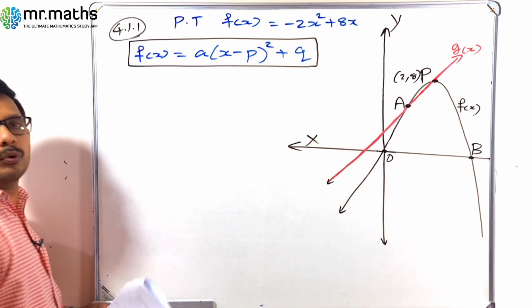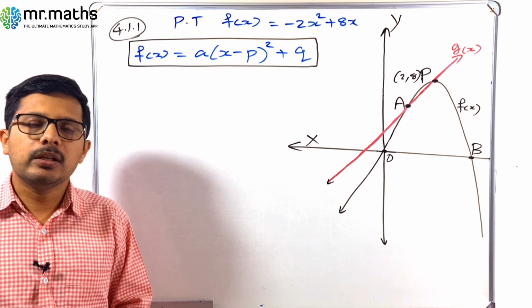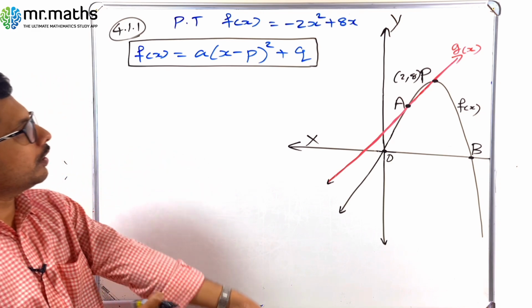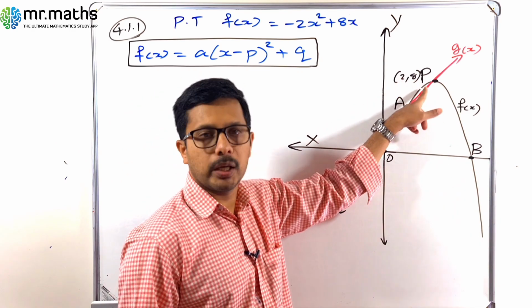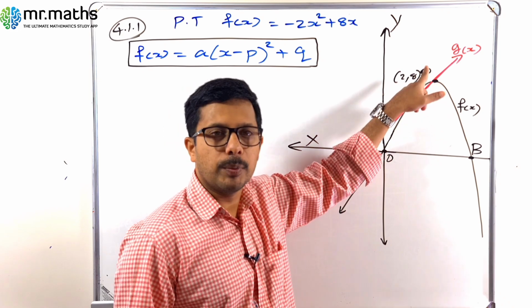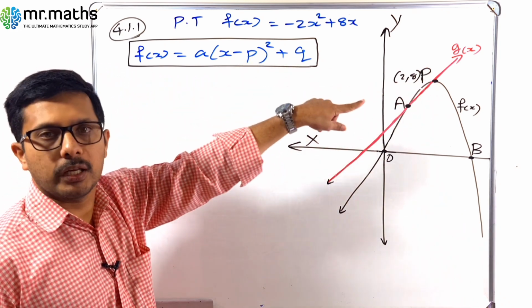In this general formula, what do p and q stand for? P and q stand for the turning point, is it not so? Here in this quadratic equation we know the turning point is (2, 8), because it is given that the coordinate of P is (2, 8). So it means that the values of p and q are 2 and 8.